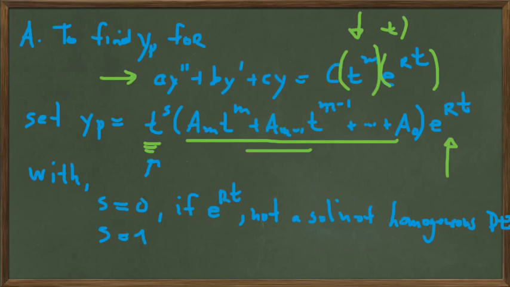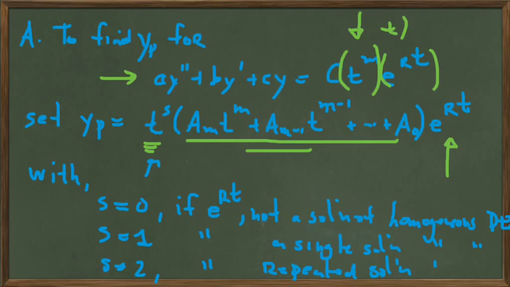S equals 1 if e to the rt is a single solution of the homogeneous DE. And s equals 2 if the e to the rt is a repeated solution of the homogeneous DE. Remember, we have repeated solutions when both roots are the same.